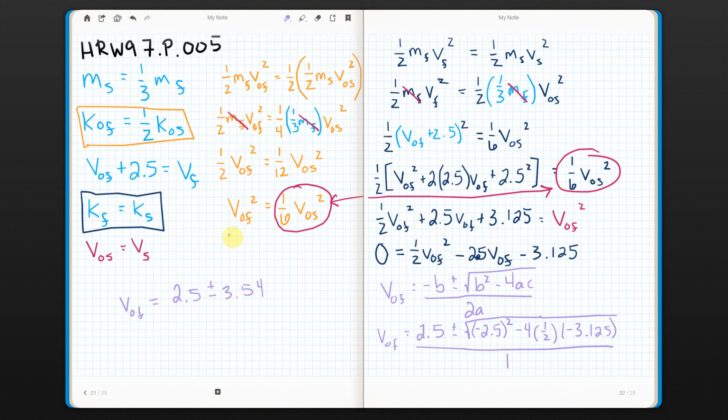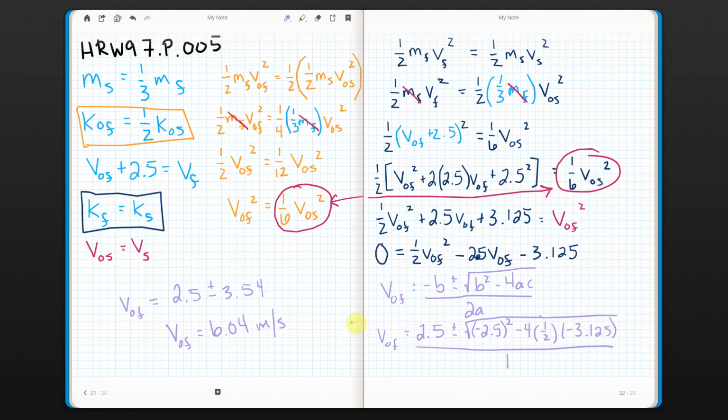Now, if I subtract it, I'm going to get a negative number. If you go back and read the problem, the father did not run backwards. So I'm going to discard that and just use the plus, in which case the initial velocity of the father is 6.04 meters per second. Alright, I just solved one of them.